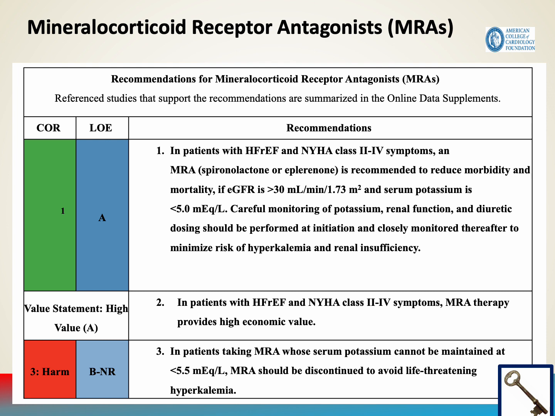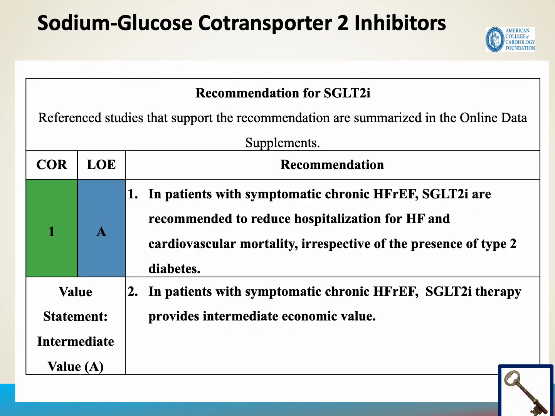So spironolactone really ought to be early on after the ACE-ARB and atrilisin inhibitor, as soon as you can, if they can tolerate it, recognizing full well that you're keeping an eye on their potassium and their renal function. And they're looking at SGLT2s again to reduce risk for hospitalization and reduce cardiovascular mortality, whether or not they have diabetes.